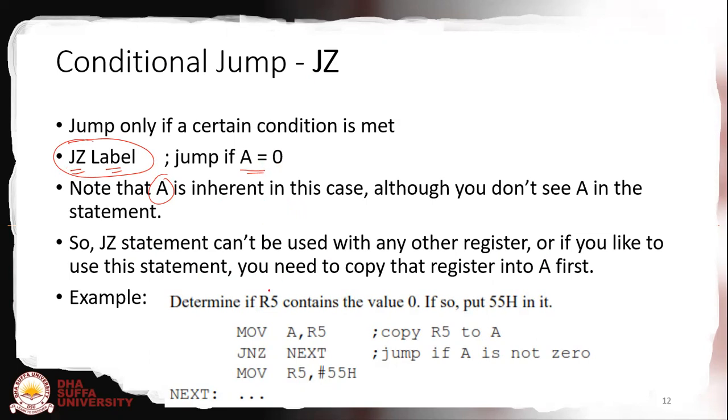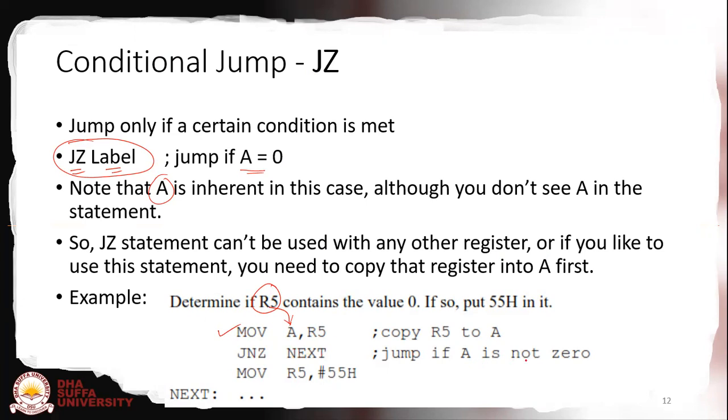You cannot use this instruction without the involvement of A. So even if you have some value in other registers, for example, here in the example: determine if R5 contains the value 0. If so, put 55 in it. If we decide to use the JNZ or JZ instruction, we have to involve A and put R5 in A. And then we say jump if not 0.